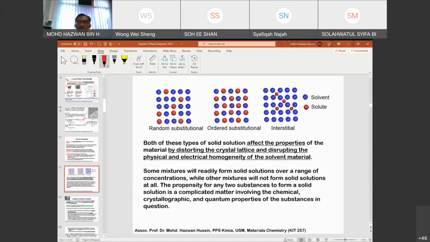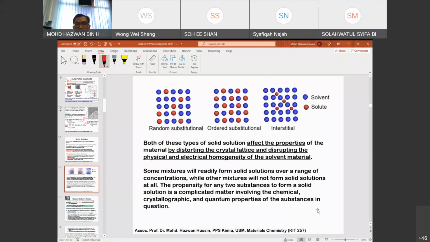So this is the arrangement. Substitutional actually substitutes the position. For example, you have red and blue. Red can replace blue, or blue can replace red. Interstitial means that it appears in between the lattice.